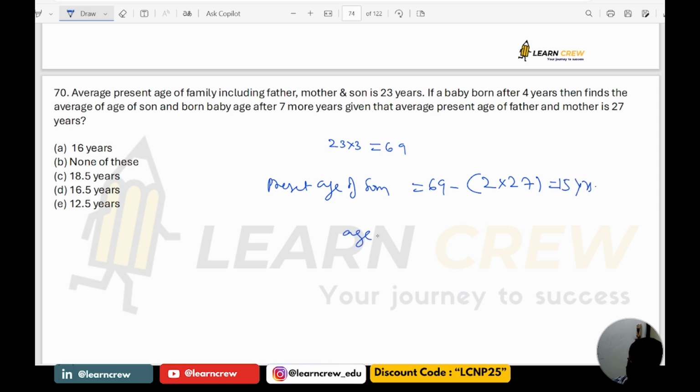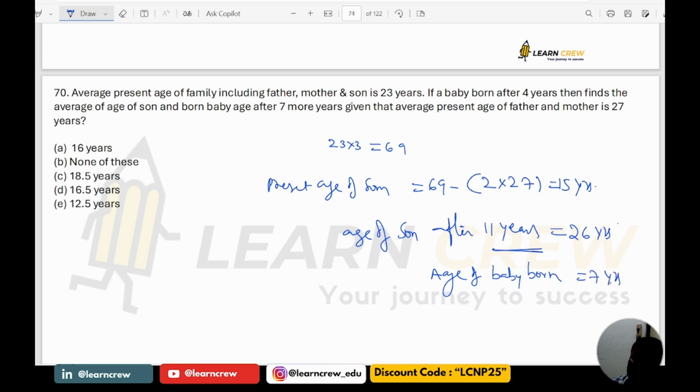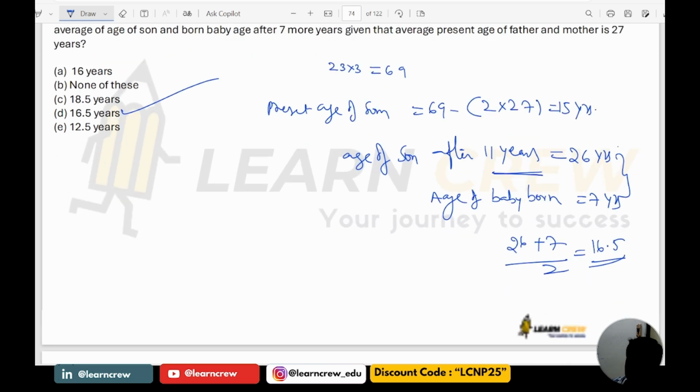Age of son after 11 years will be 26 years. Age of baby born is given as 7 years. Thereby the average of these two, 26 plus 7 by 2, is 16.5. So answer is 16.5 years.